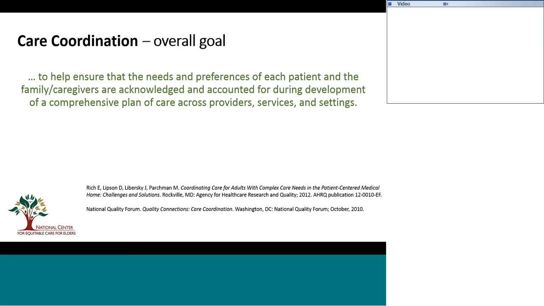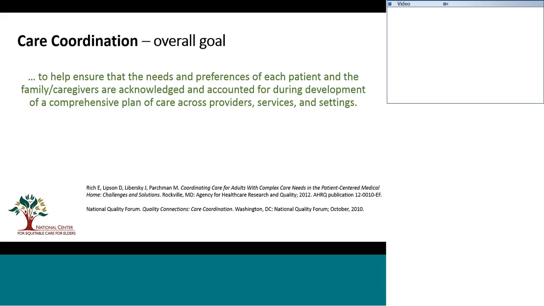So the overall goal of care coordination is to help ensure that the needs and preferences of each patient and the family and caregivers are acknowledged and accounted for during the development of a comprehensive plan of care across providers, services, and settings.